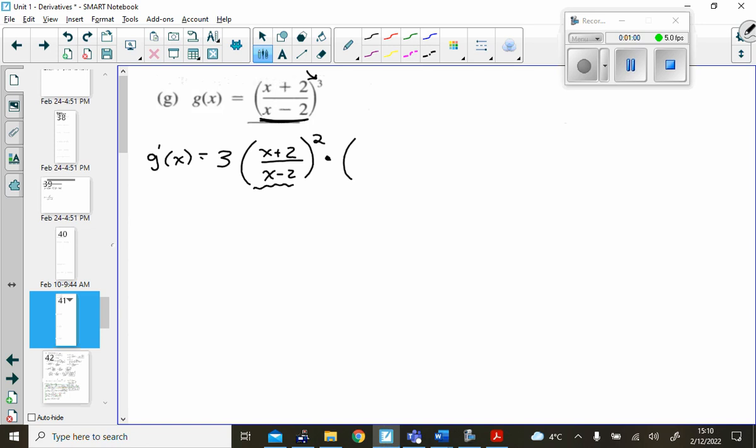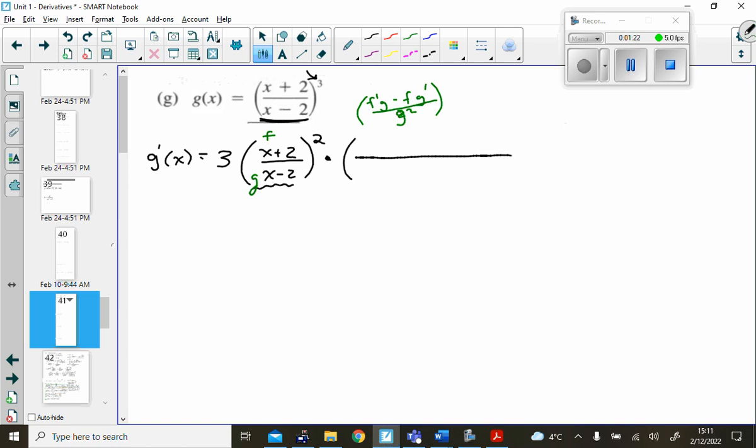And the derivative of what's inside this bracket is a quotient rule, because there's f on top and g on the bottom. So I'm going to do f prime g minus fg prime over g squared in this black bracket here.